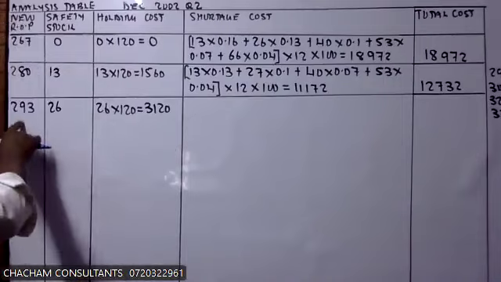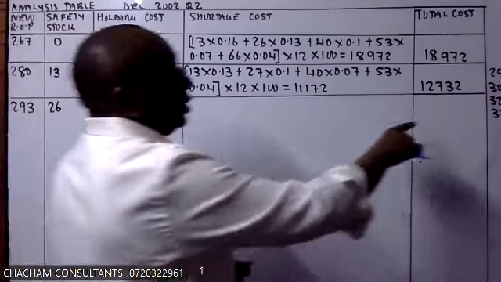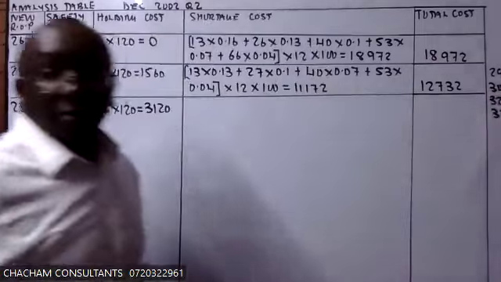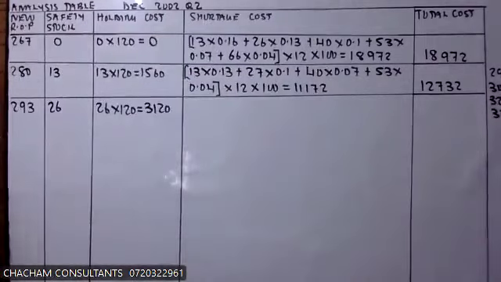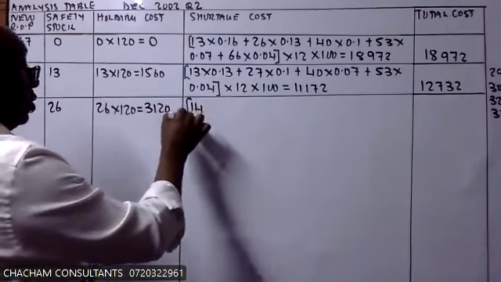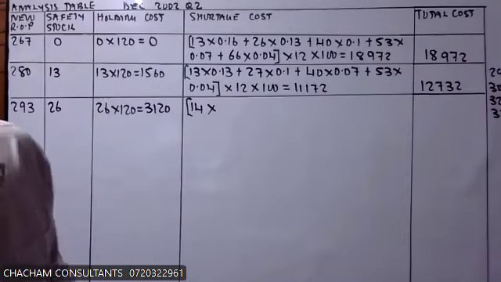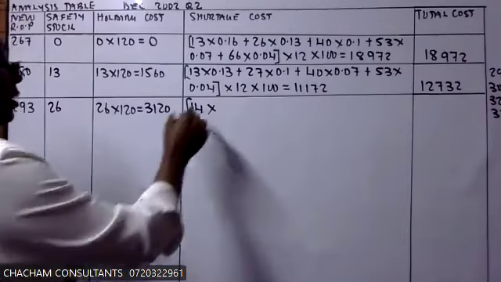Because we are at 293, and now the first point is 307. So it's 307 minus 293. Good, 14. So 14, the probability of demand being at 307 is 0.1.